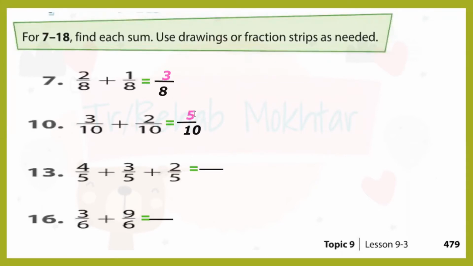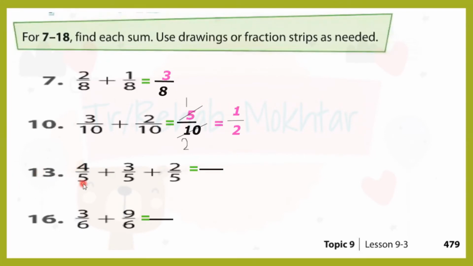Yes, teacher. We have here 5 out of 10. Both of them can be divided by 5. So I will divide up and down by 5. 5 divided by 5 equals 1. And here 10 divided by 5 equals 2.